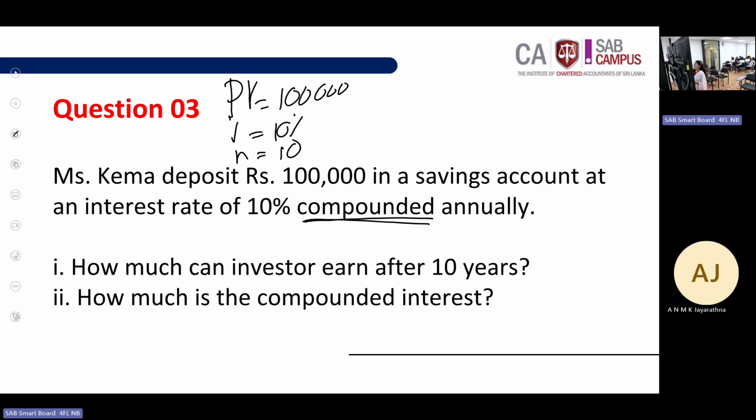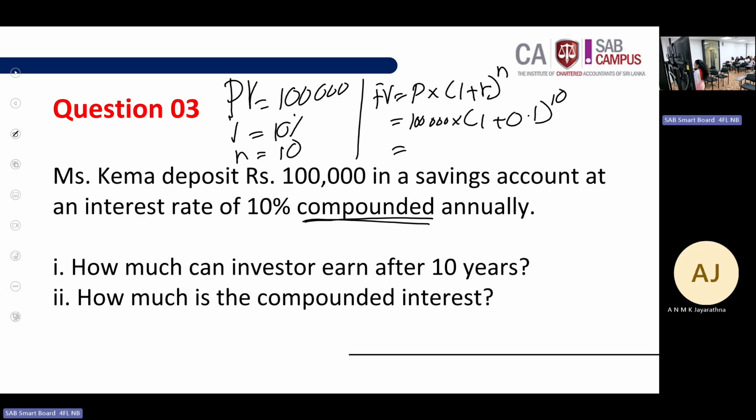So then you have been asked to calculate the FV, future value. Future value equals present value multiplied by 1 plus interest rate to the power n. 100,000 multiplied by 1 plus 0.1 to the power 10. What is the answer?